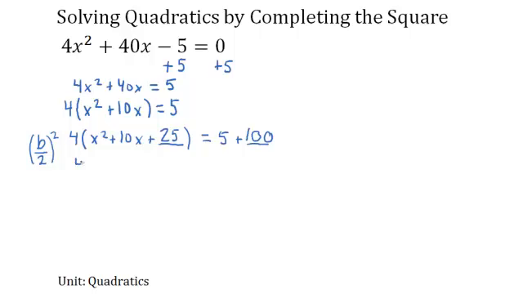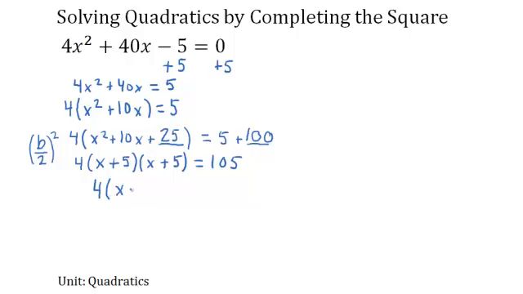Okay, from here, we now factor this quadratic, and two numbers that multiply together to give you 25, but add together to give you 10 are 5 and 5. Over on the right side, we'll just simplify that by adding and getting 105.